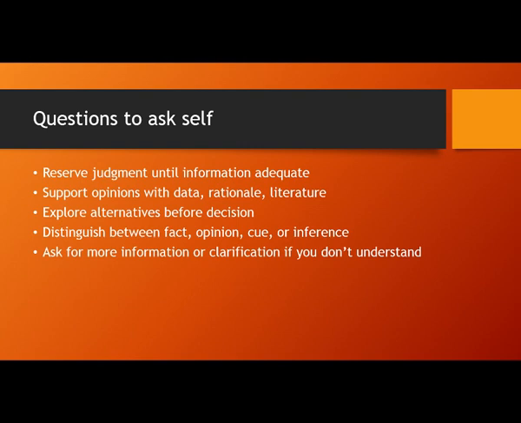And then, do I distinguish between fact, opinion, cue, or inference? Certainly, we have some empirical facts, that's one thing. Opinion could be either expert opinion, which is well founded, or someone else's opinion.